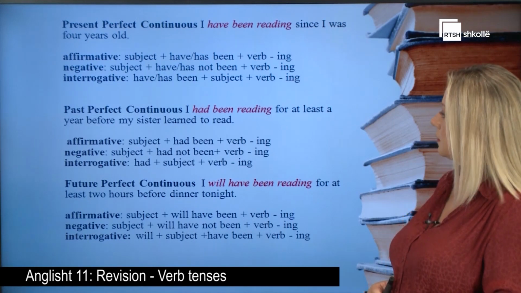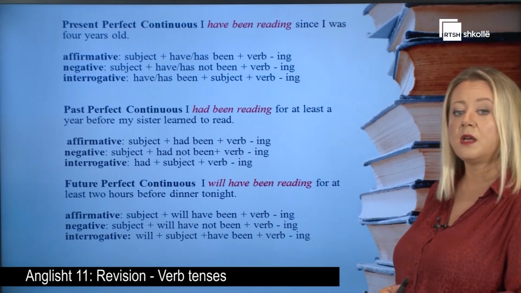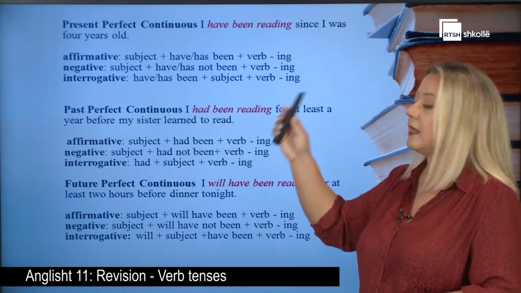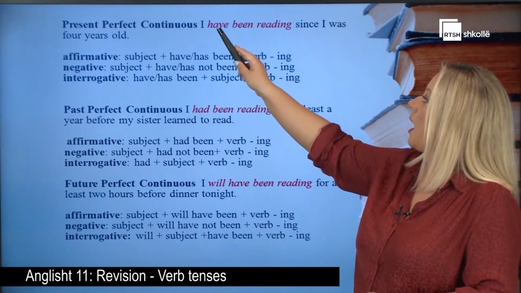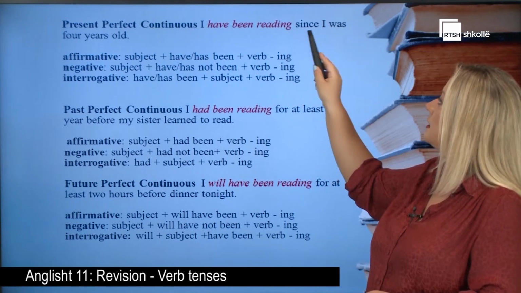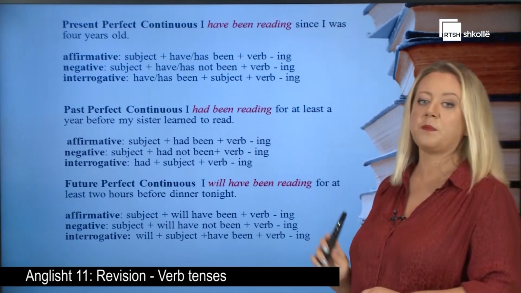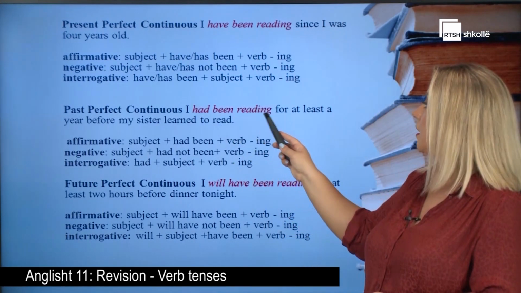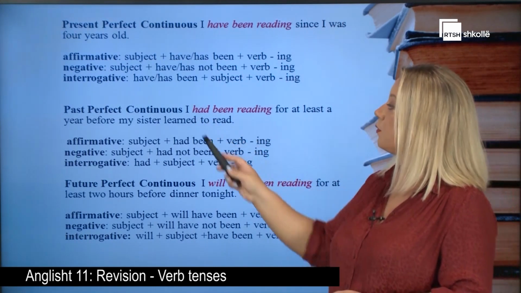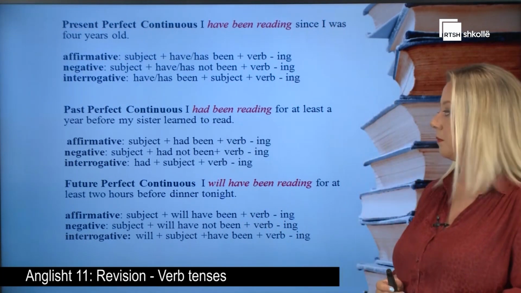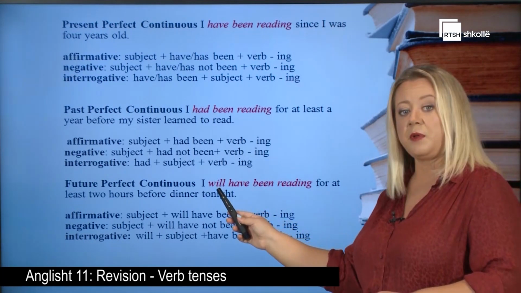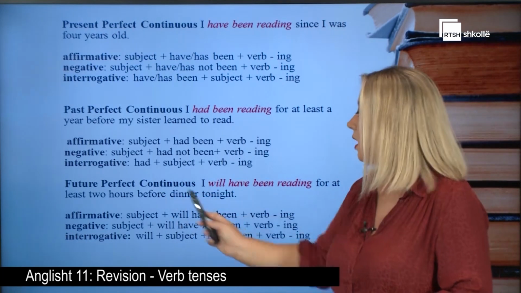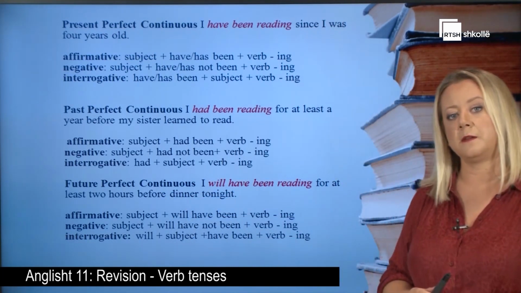Present perfect continuous. Here again changes only the auxiliary verb. Let's see the examples. I have been reading since I was 4 years old for present perfect continuous. I had been reading for at least a year before my sister learned to read. And the last example in the future, I will have been reading for at least 2 hours before dinner tonight.